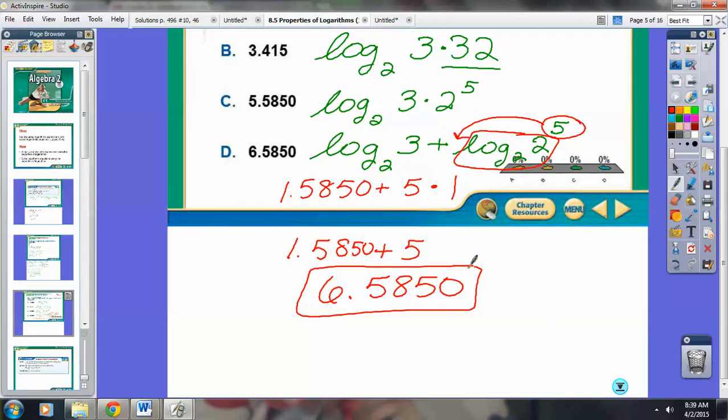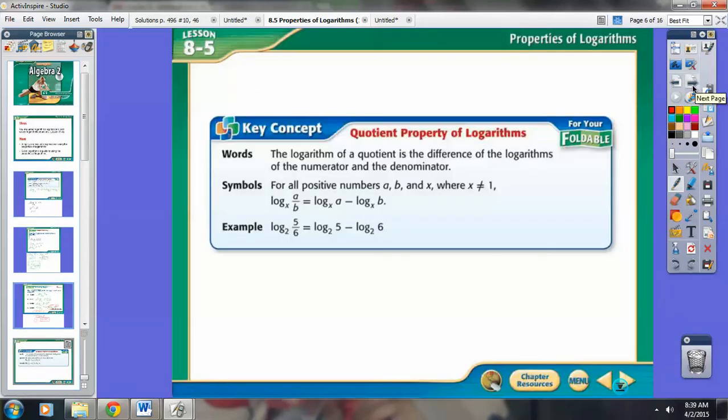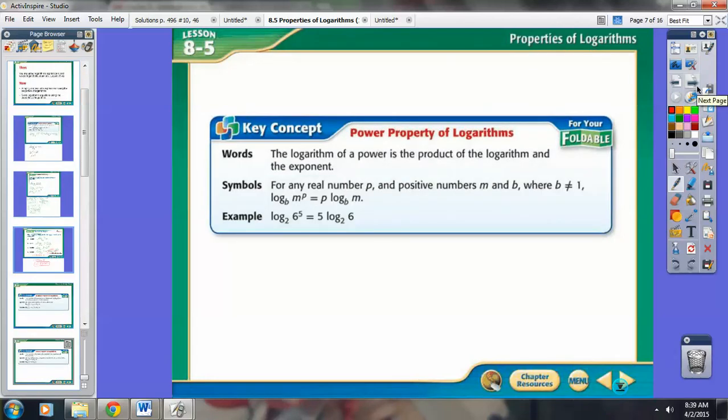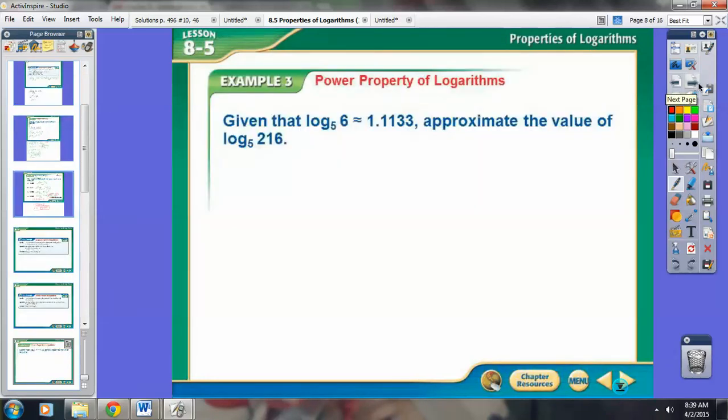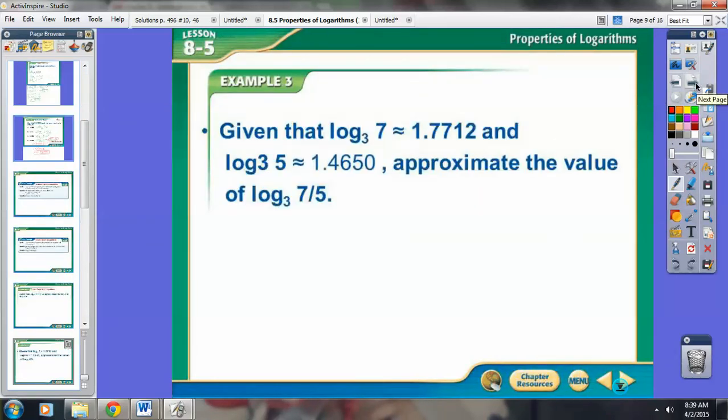I want to do a division one with you, but let's jump down to example 4, please. So this is example 4.